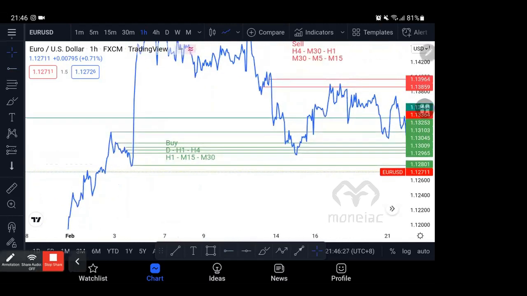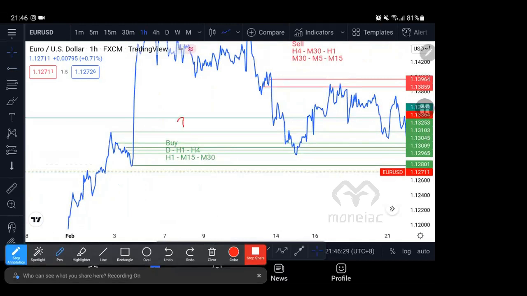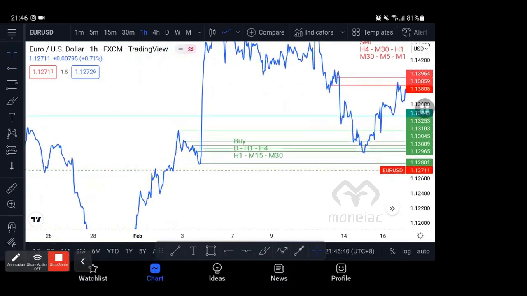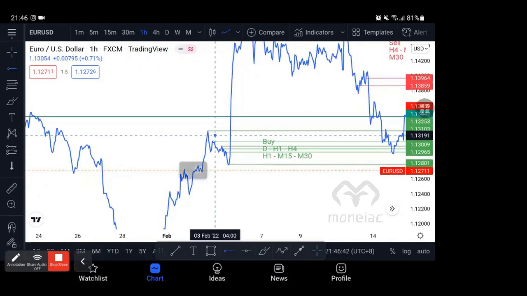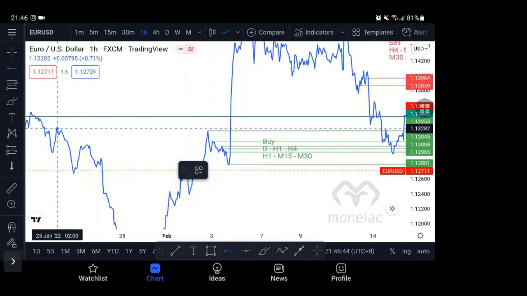So maybe if we see this is a huge gap, we can find another key level over here. It doesn't matter, just mark. Because this is also a breakout to this level.